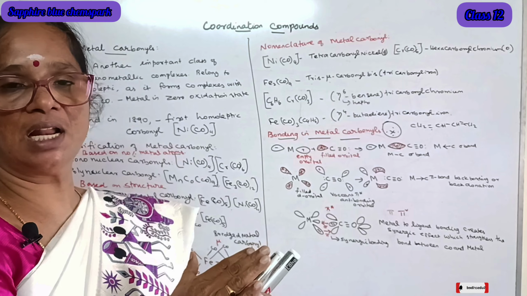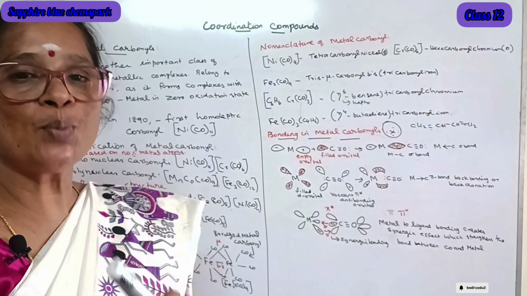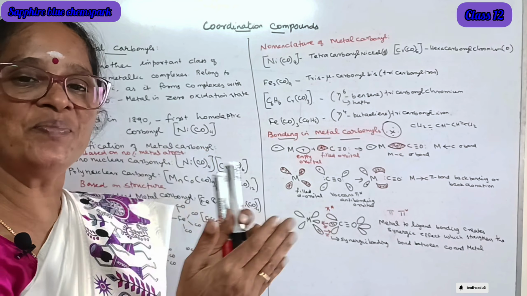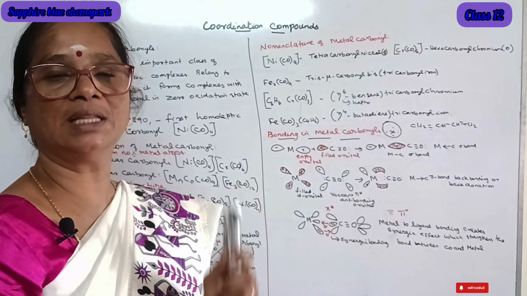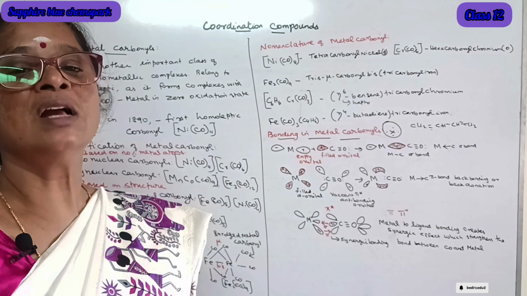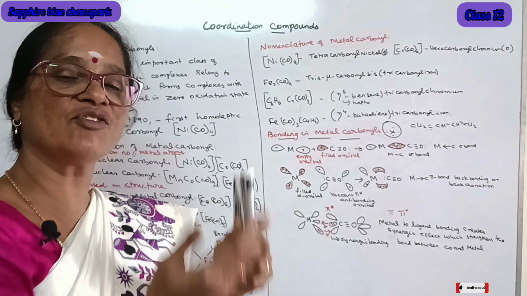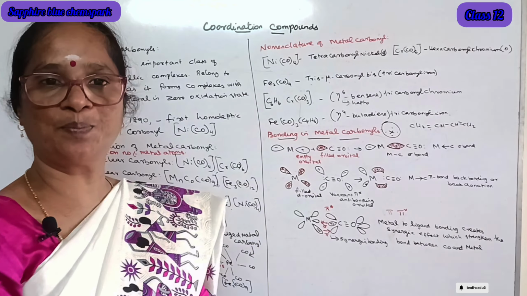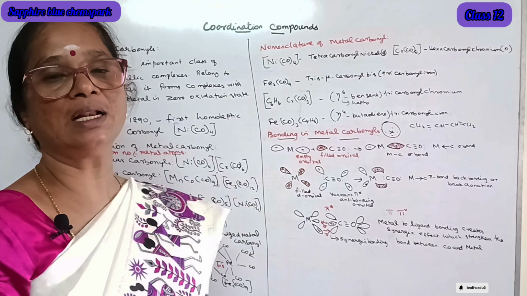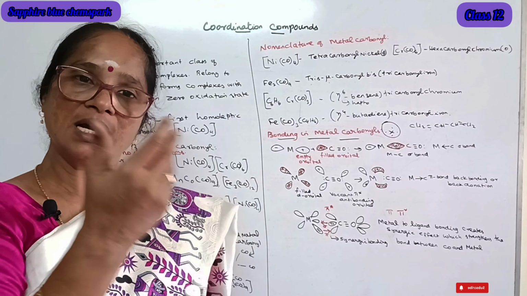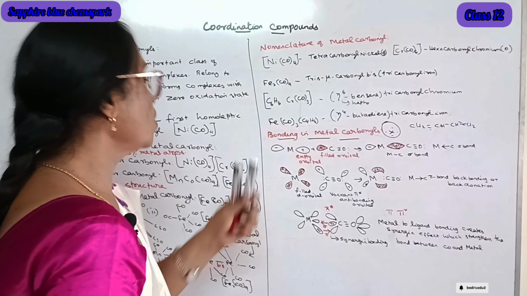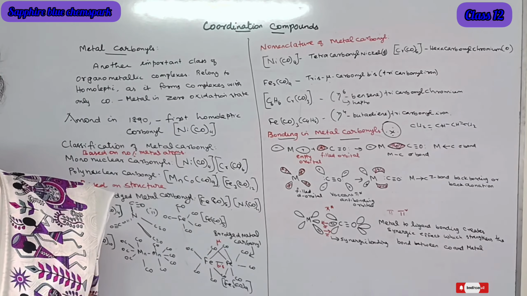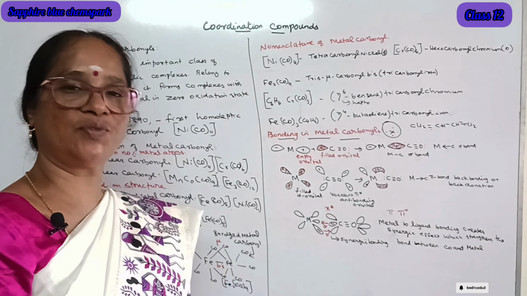Besides the formation of the sigma bond, one more bond is formed from the metal to carbon, which is said to be a pi bond. So due to the formation of both sigma as well as pi bonds, these carbonyl complexes have extraordinary stability.